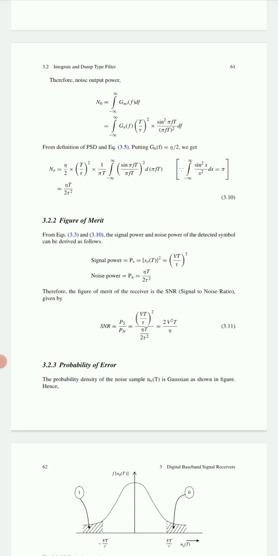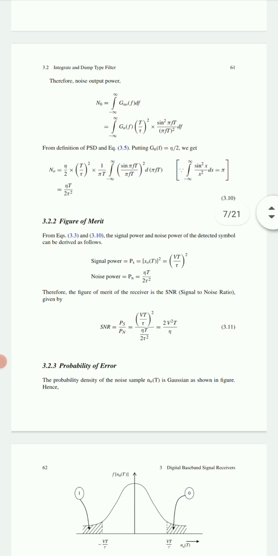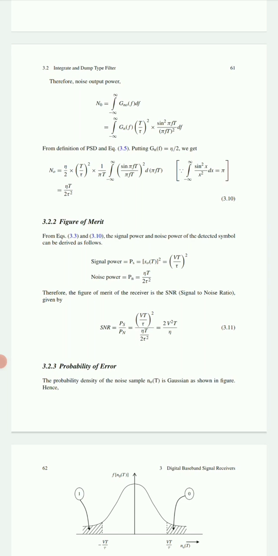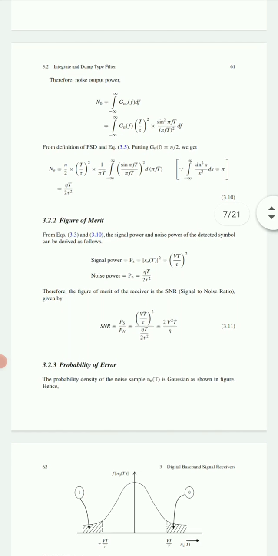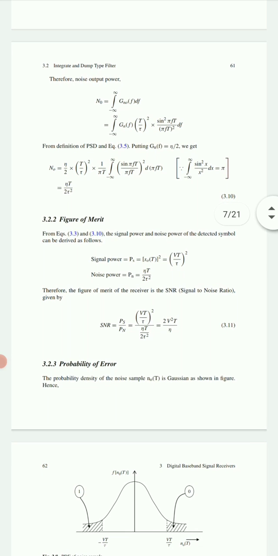The figure of merit is the signal to noise ratio, PS upon PN, signal power upon noise power. Signal power is V squared T upon tau squared, and noise power is eta T upon 2 tau squared. If you solve, you will get 2 V squared T upon eta, because tau squared is in both numerator and denominator and cancels.